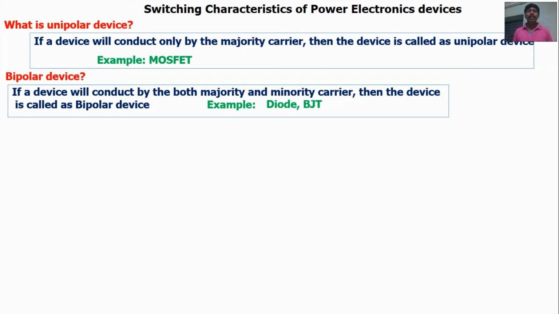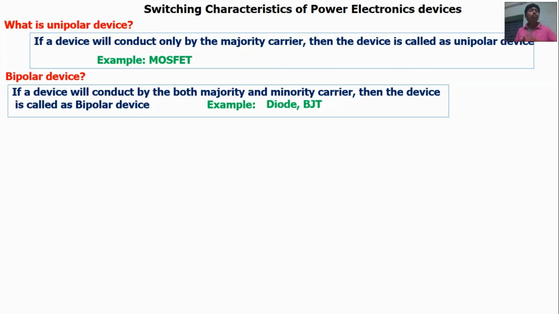It will conduct by both holes and electrons. Similarly, for BJT, NPN transistors, it has N and P, electrons as well as holes. So the diode and BJT conduct by both majority and minority carrier, so the device is called a bipolar device. Okay, this is the definition based on the basic electronics concept.